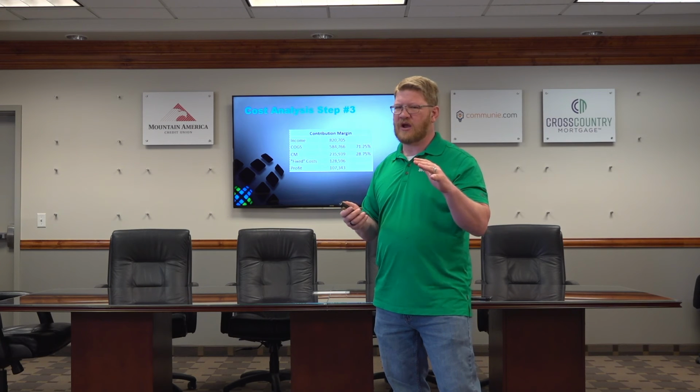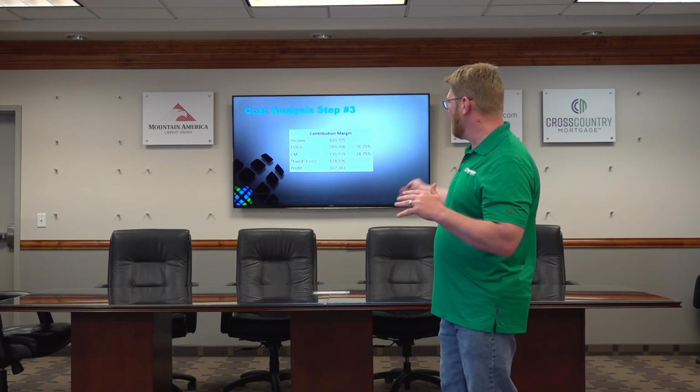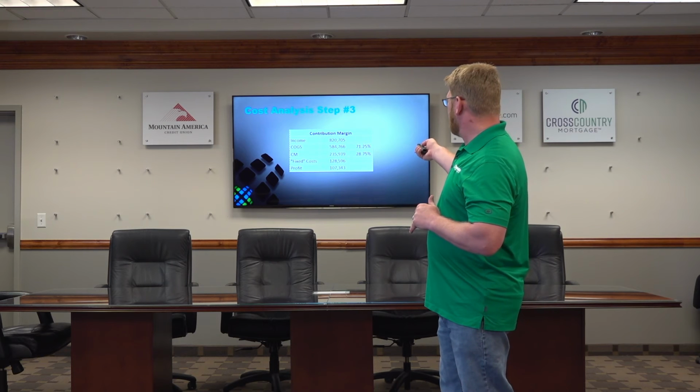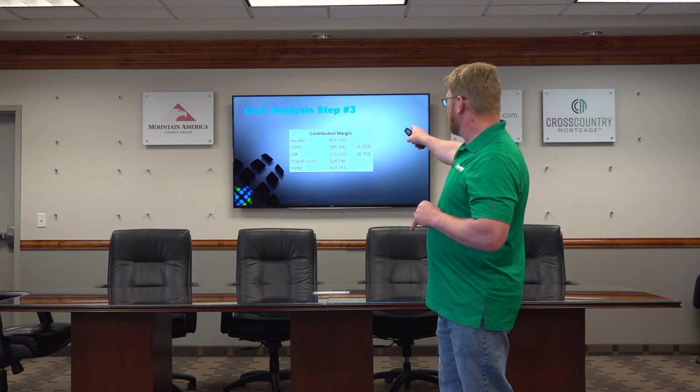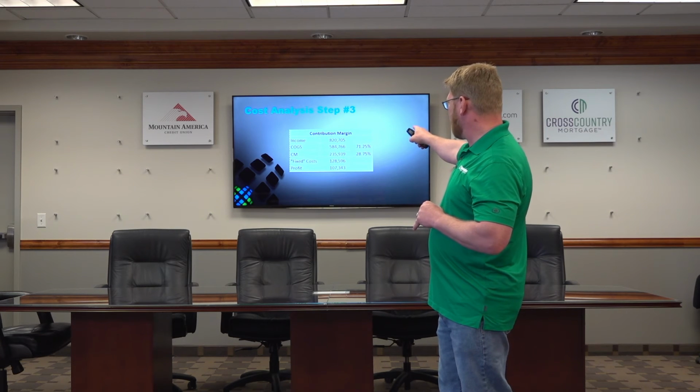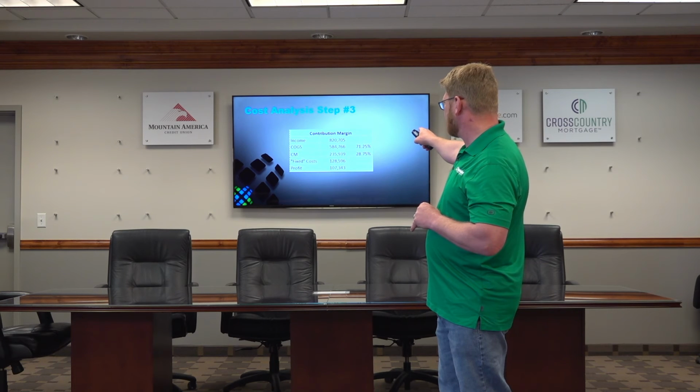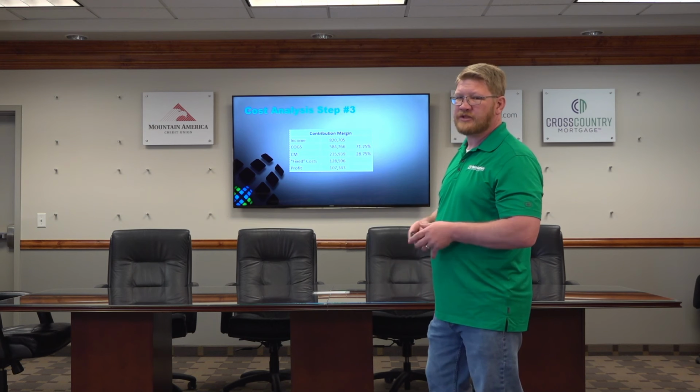Okay, so we figure out percentages in order to figure that out. So right here we have the 820,000 is our income. Of that total 820,000, 584,000 of it is spent on costs, which is 71.25%.